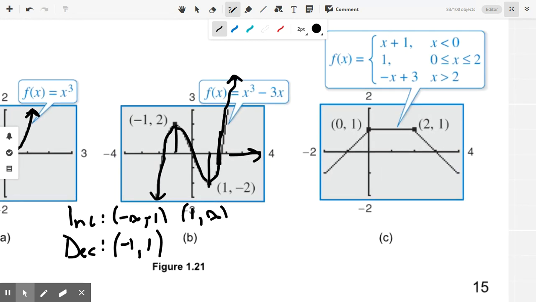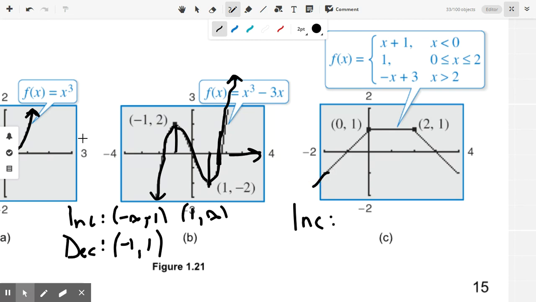Let's look at this. This is a piecewise function. All right. So when x is less than 0, it is using this formula. From x of 0 to 2, it's using this horizontal line, and then it's going here. So where are we increasing?